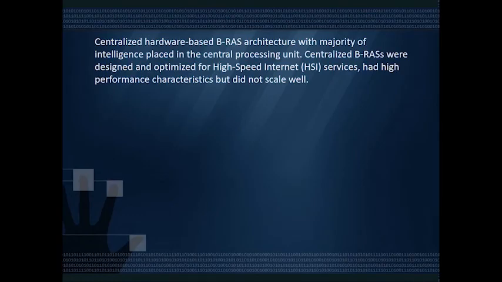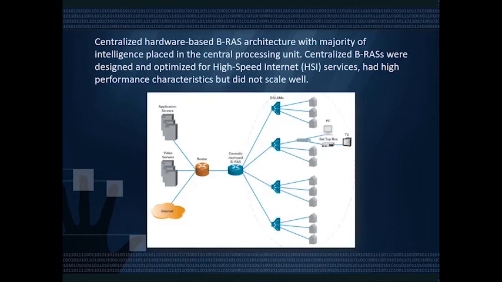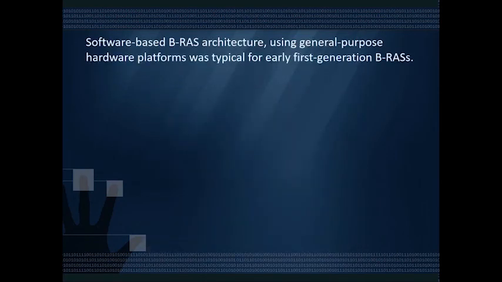Centralized BRASs were designed and optimized for high-speed internet services, had high performance characteristics but did not scale well. Software-based BRAS architecture using general-purpose hardware platforms was typical for early first-generation BRASs.